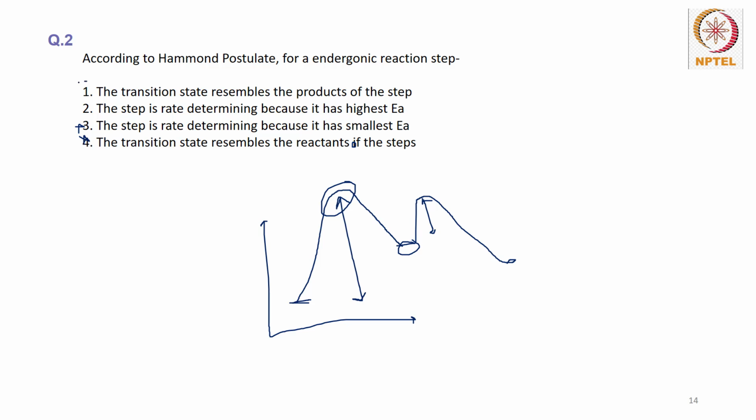So the correct answer will be 1 and 2, as it has highest activation energy and it also resembles the product. Okay. So in case of endergonic or endothermic reaction, the reactant energy is lower, product energy is higher, and the transition state always resembles the product.